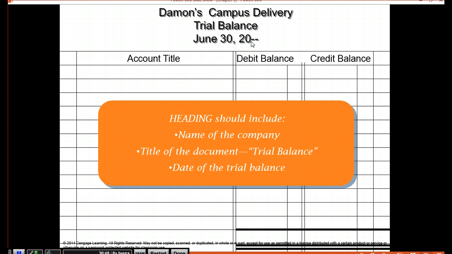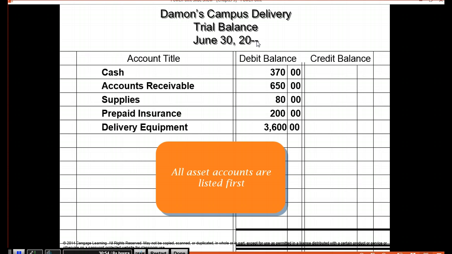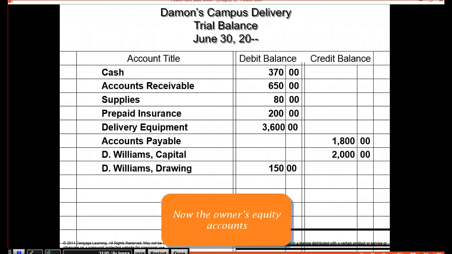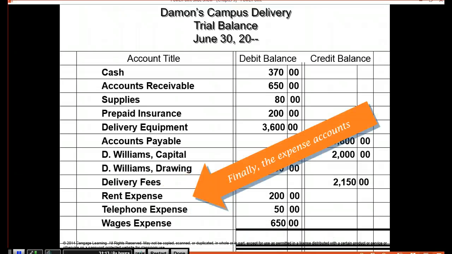A specific date, just like your balance sheet, June 30th, 2013. Okay, so we bring in things in ledger order, which usually starts with assets, then our liabilities, then our equity accounts, and then our revenues and expenses.